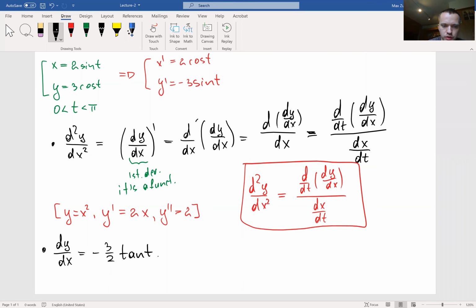So what do I need to do? I need to compute d over dt of dy over dx, or in other words, the derivative of -3/2 tangent t. Can anyone tell me what is going to be the derivative of -3/2 tangent t?